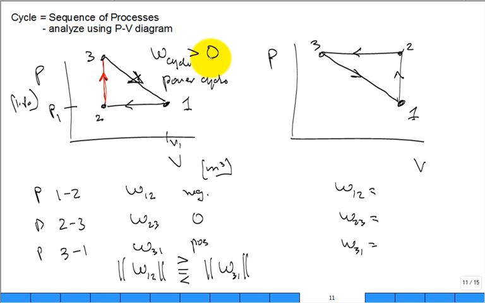Okay, how do I calculate the net work of the cycle? Is the work of the cycle simply the work 1 to 2 plus the work 2 to 3 plus the work 3 back to 1? Yeah, you sum up each of those 3 steps.